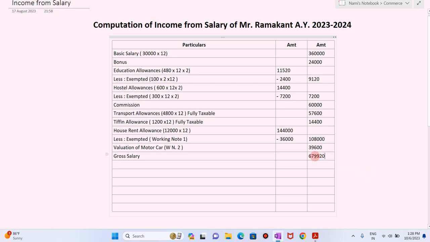So this is the gross salary. Okay, gross salary. By adding all these values, we get 6,79,920.